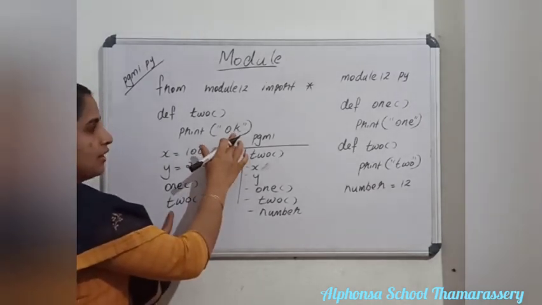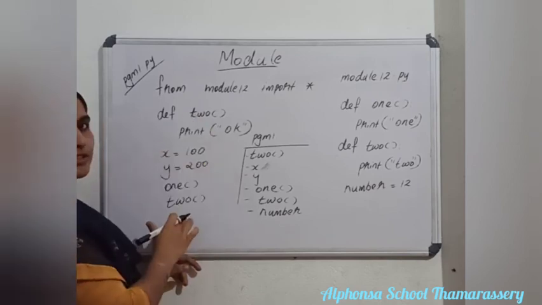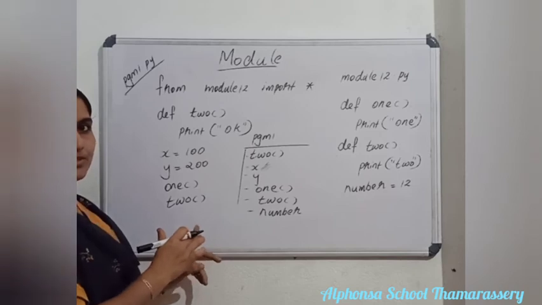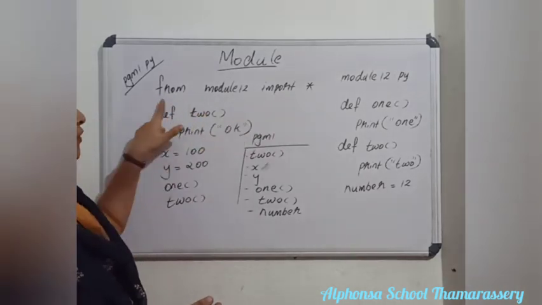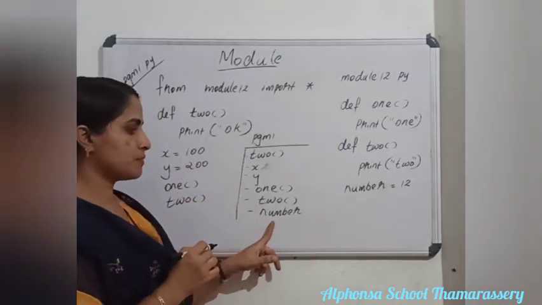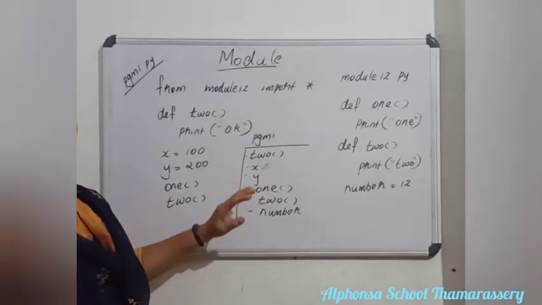The reason is it hides the imported module's function if both have the same name. Clear? So unless it is required, it is better to avoid this type of importing, because it shares the present namespace with the imported module's namespace too.